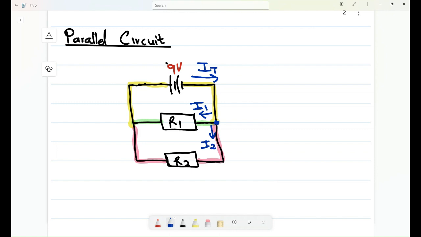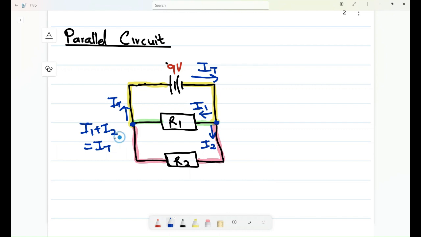This is two paths. But when it comes to this point, we have I1 combining with I2, and it is IT.